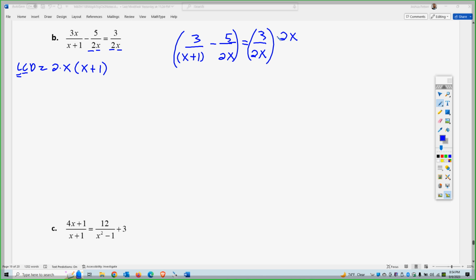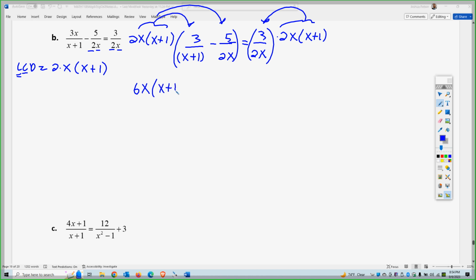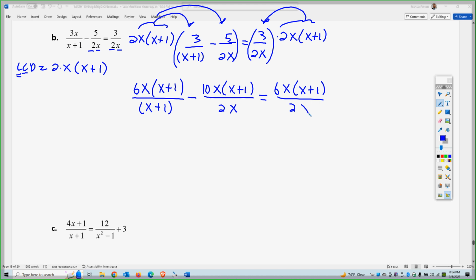So 2x times x plus 1. So I distribute now, right? Because this has got to go to here and here, and this one has to go into here, right? Okay, that's 6x times x plus 1 over x plus 1 minus 10x times x plus 1 over 2x equals 6x times x plus 1 over 2x.